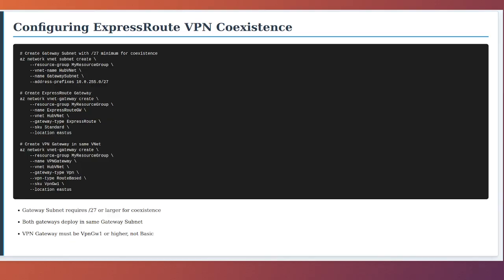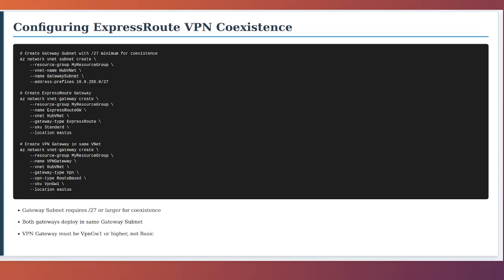The SKU parameter determines the gateway's performance characteristics, with Standard being the entry-level option supporting up to 1 gigabit per second. Higher SKUs include High Performance for 2 gigabits per second and Ultra Performance for 10 gigabits per second. The location parameter specifies the Azure region, here East US. This command triggers the deployment of ExpressRoute gateway instances, which typically takes 30 to 45 minutes to complete.